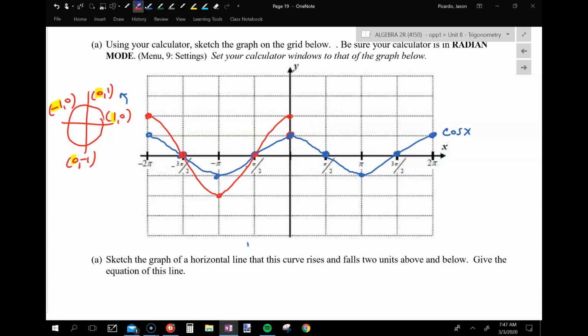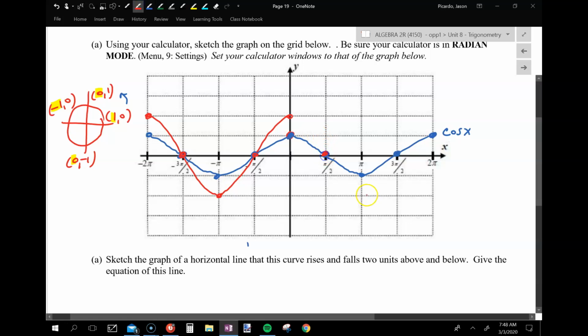And then we have the second cycle, which would do the exact same pattern. Ba-boom, ba-boom, ba-boom, ba-boom. And that is 2 cosine of x.